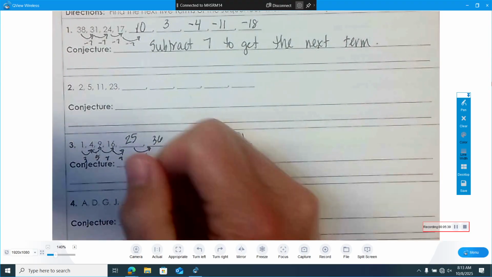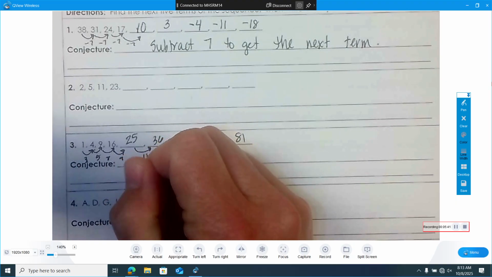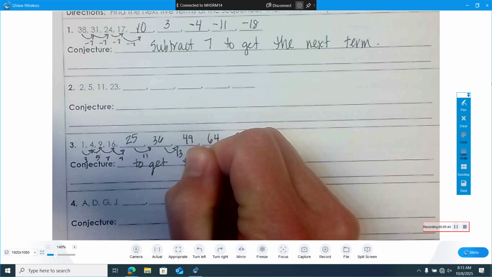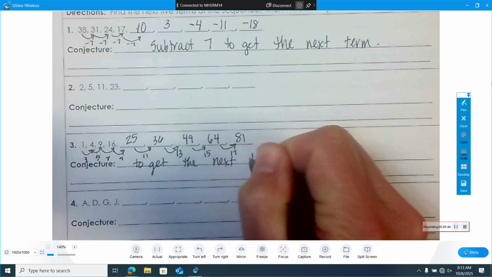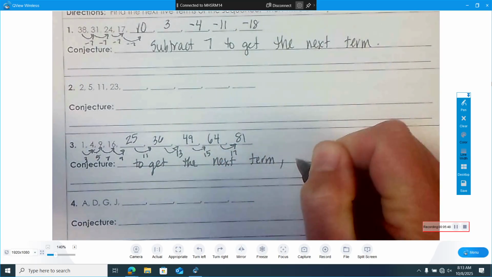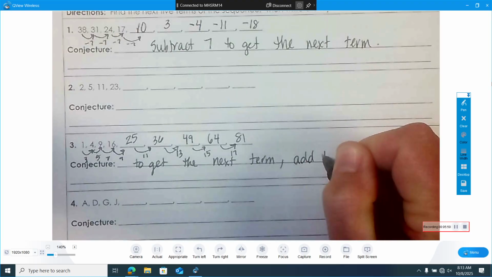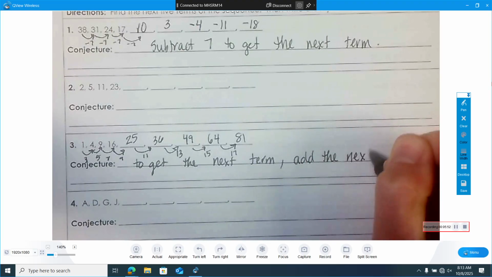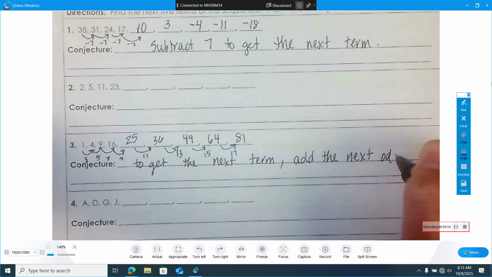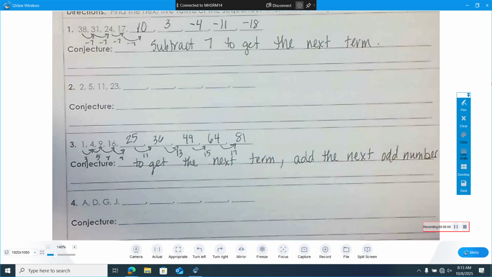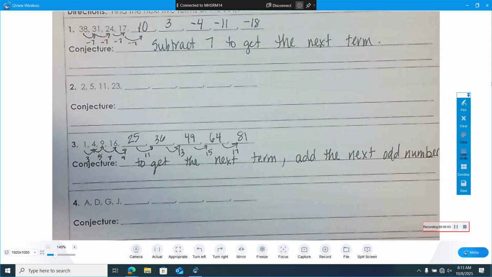So to get the next term, add the next odd number, maybe? That'll work, I guess. The next odd number, it's not the same odd number, so it's the next odd number. Okay, well that's really interesting. You know what else though?